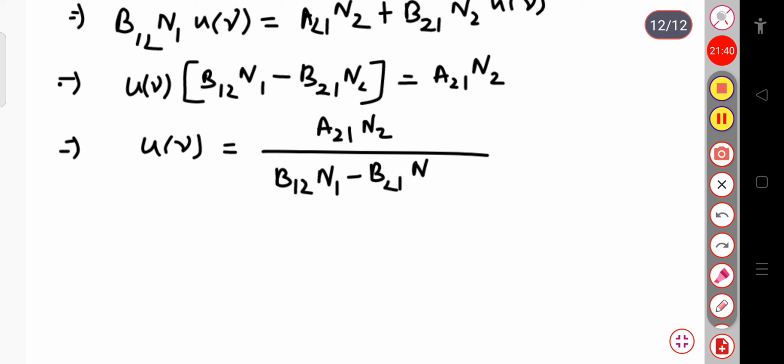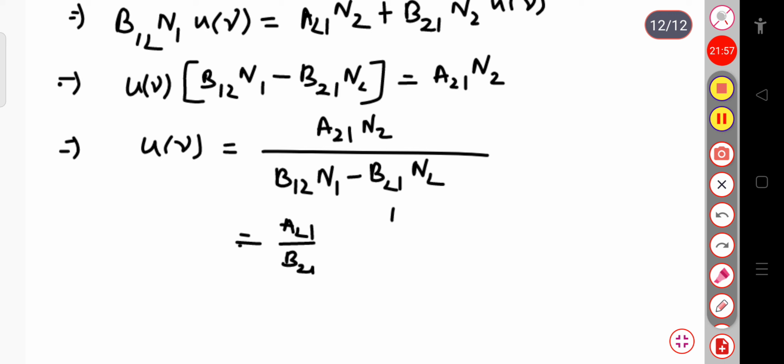This is our expression. Now again, if I take B21 common, I can write A21 divided by B21 times, since I am taking B21 common here, this will be 1.